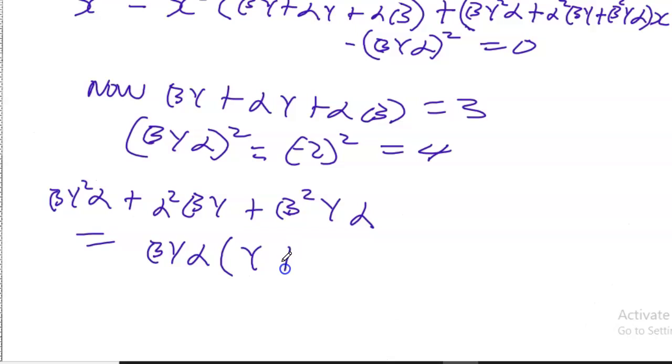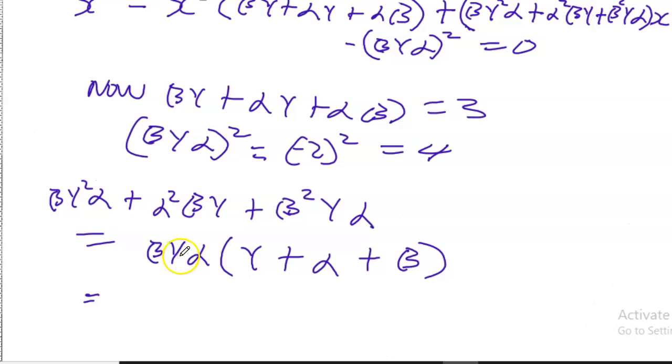For the second term, I'll be left with alpha. And for the last term, I'll be left with beta. And of course, outside we have the product, and inside we have the sum of the original cubic equation.